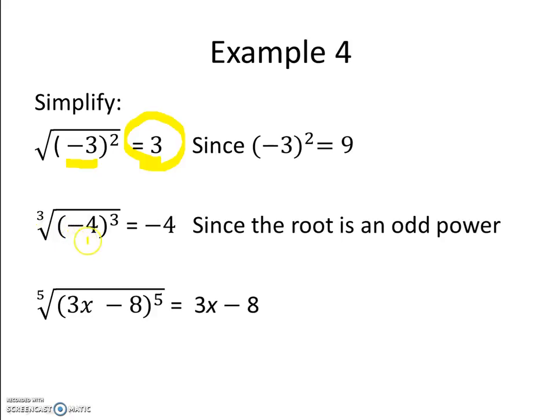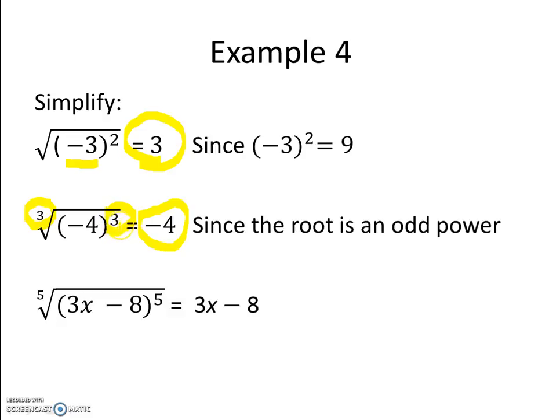The cube root of -4 cubed is -4. Since the root is an odd power, we know that it can be -4. However, I want to stop and remind you that we have a cube root and then we have a cubic function. They are opposites and they undo each other, just like adding and subtracting are opposites and division and multiplication are opposites.